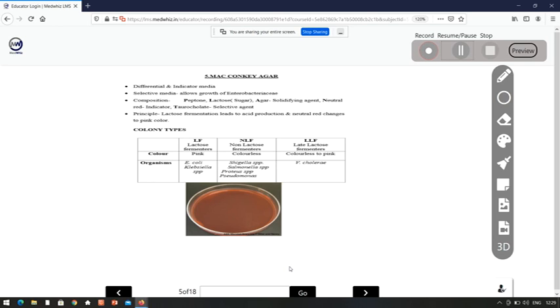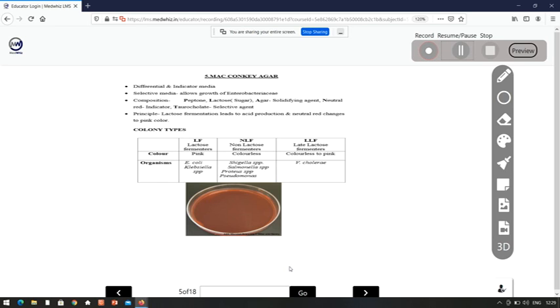So what is the principle behind this MacConkey agar? It contains lactose as the main constituent. The lactose fermentation done by these bacteria leads to acid production. Once the acid is produced, the neutral red changes its color to pink, so the colonies produced by these lactose fermenters look pinkish in color.